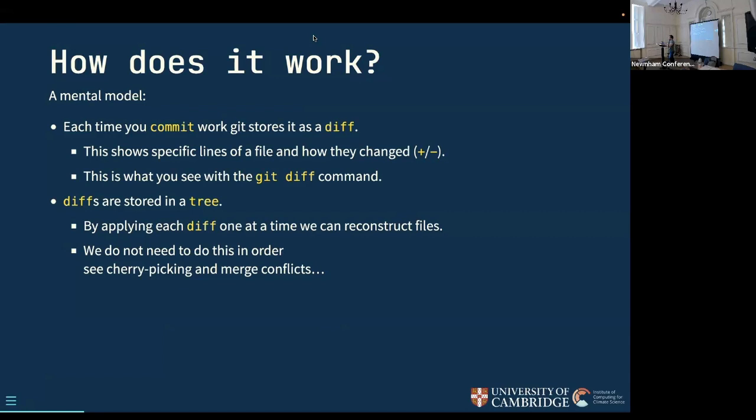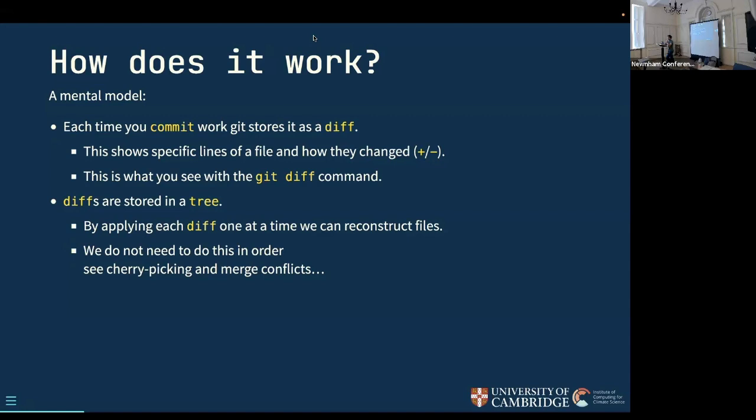So the mental model we usually work with is that if you do a little bit of work, maybe you add a function to a file, then if you add and commit that, Git will take those 10 lines you've added to that file, and store it as a diff, which is saying you've added 10 lines into a file in some location. And indeed, you might have seen there's the command git diff, which will show you, and we'll look at this in a moment.